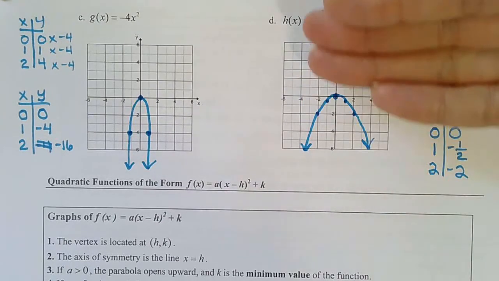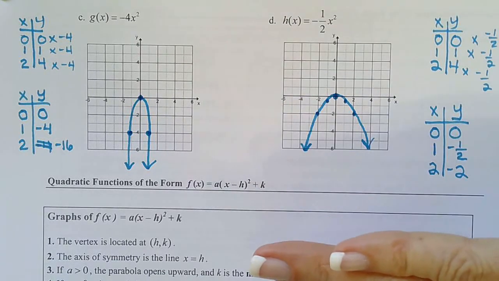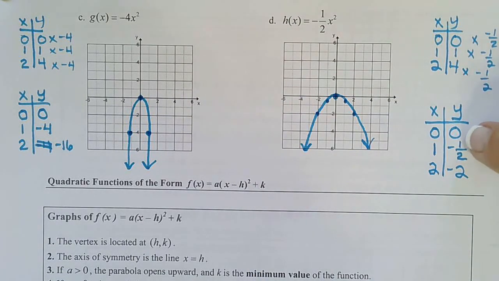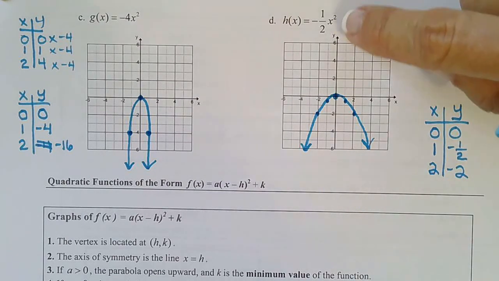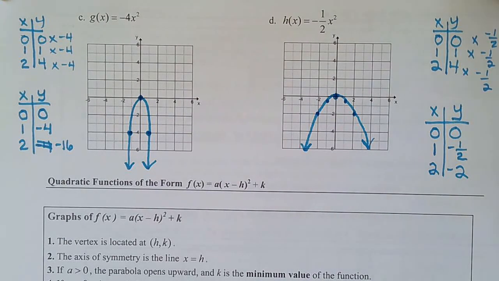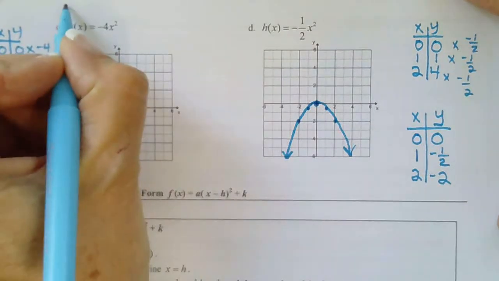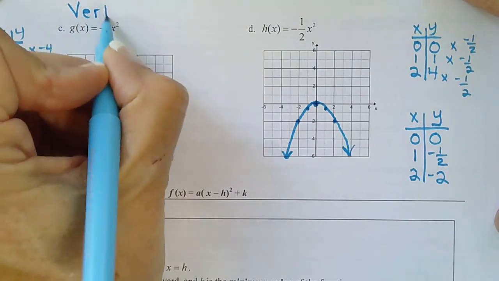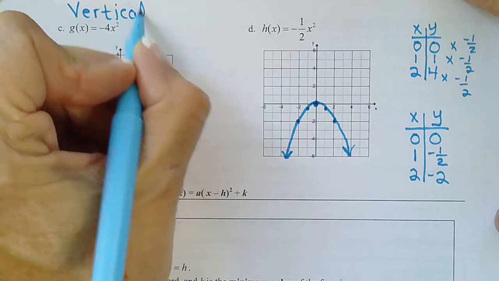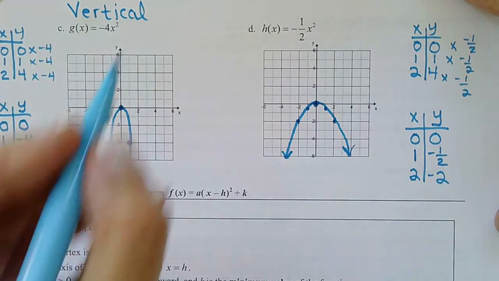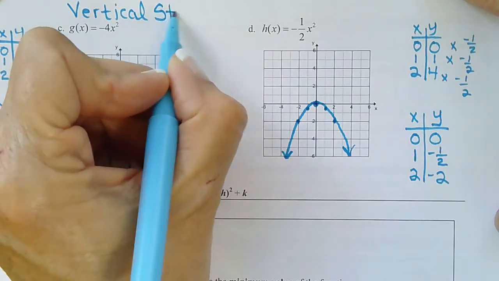So tipped over the x-axis, that's called a reflection. And then it is a vertical shrink because of the fraction. So let's label these so that we remember those names. So this is called a vertical stretch because it's going up vertically faster or going down vertically faster.